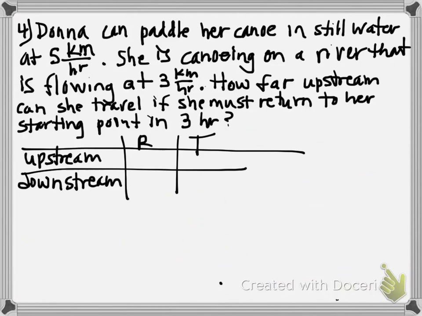Rate times distance. Now, normally this is what we write. Upstream would be b minus c. But in this problem, they told us b was 5 and c was 3.